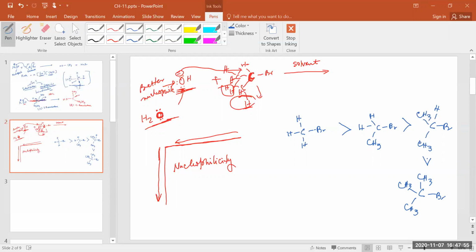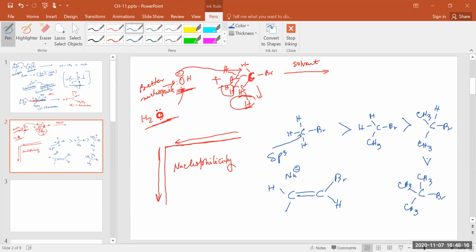So remember, for SN2 reaction, the carbon needs to be sp3 hybridized. Suppose it is sp2, like this here, with a bromine, then the nucleophile cannot approach.